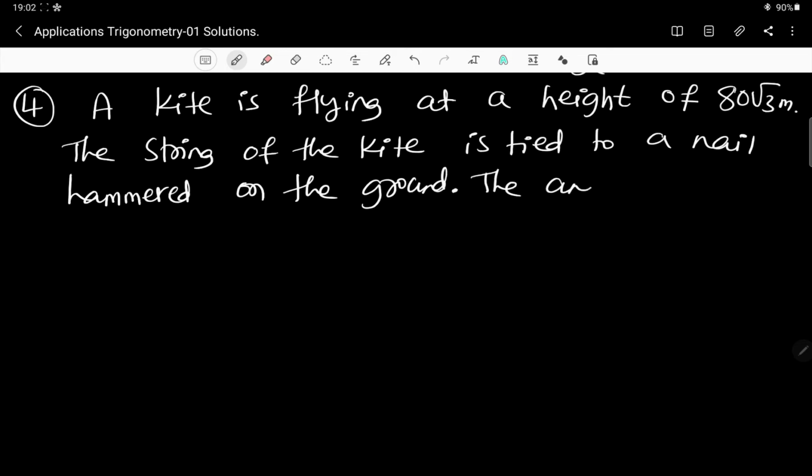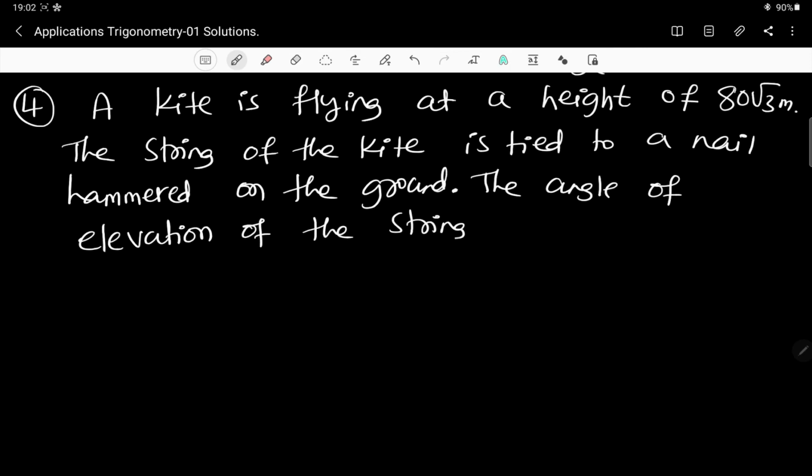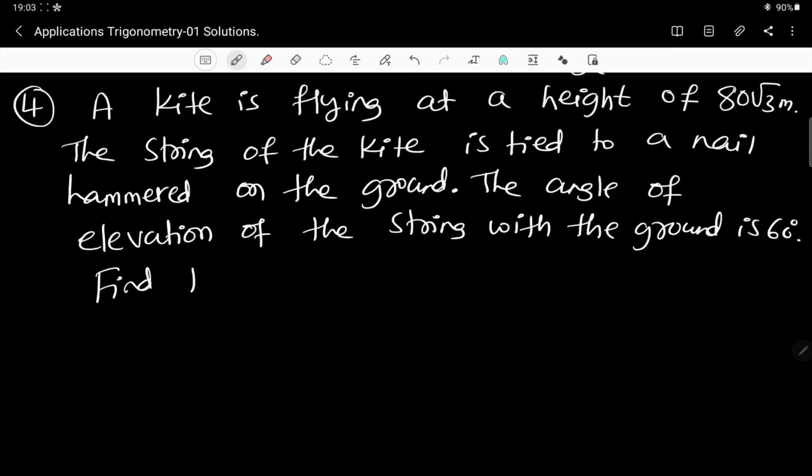Then the angle of elevation of the string with the ground is 60 degree. String means that thread, okay. That means it is making an angle of 60 degree. Now they are asking, find the length of the string.